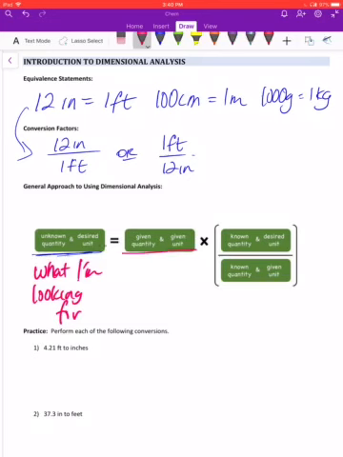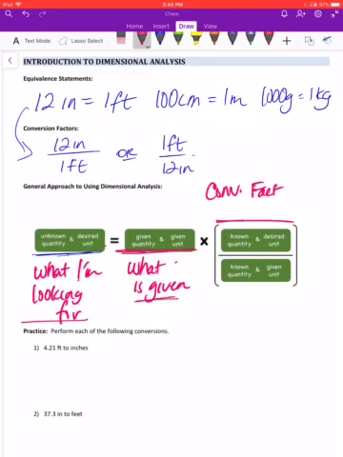That is going to be equal to what is given, or the thing that we want to change, multiplied by some conversion factor. So that's this piece over here. So we're going to identify whatever it is we're looking for, what is given to us to start with, what is the thing that we want to change, and then we need some conversion factor to help us get from one to the other. So let's do an example.